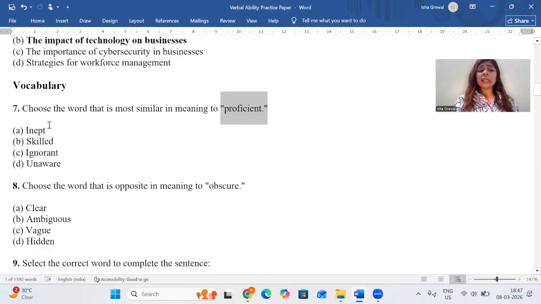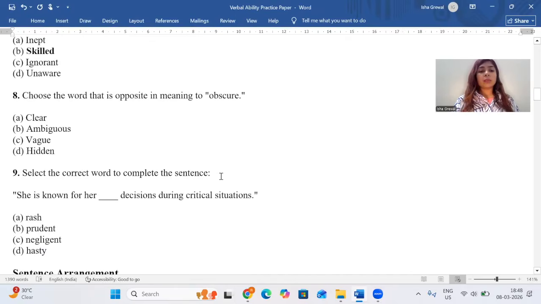Now let's see, inept, ignorant, unaware, all these 3 are negative words. Unaware, doesn't know anything. Ignorant, doesn't want to know anything. Inept, not skilled. Skilled is the odd one out, and it is the positive word. Obviously proficient is a positive word, so we are going to choose the meaning which is positive in those terms, right?